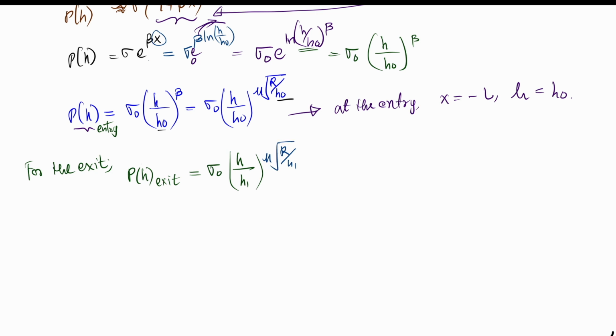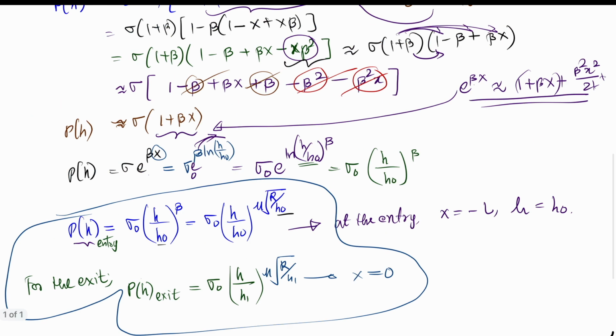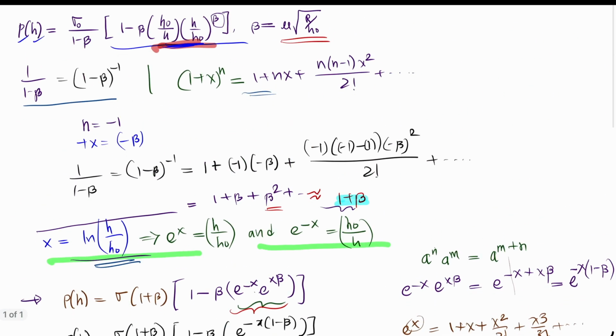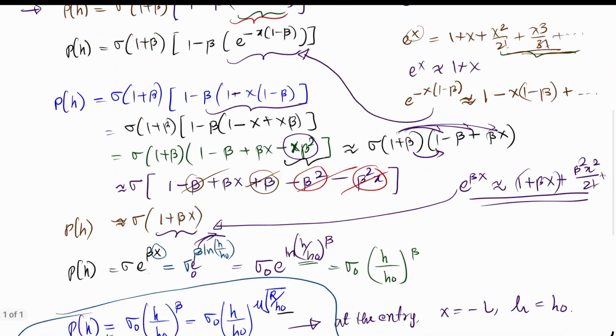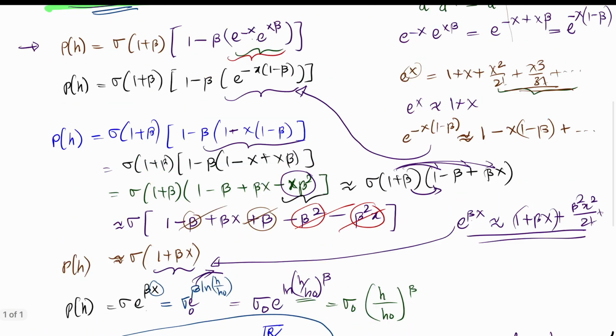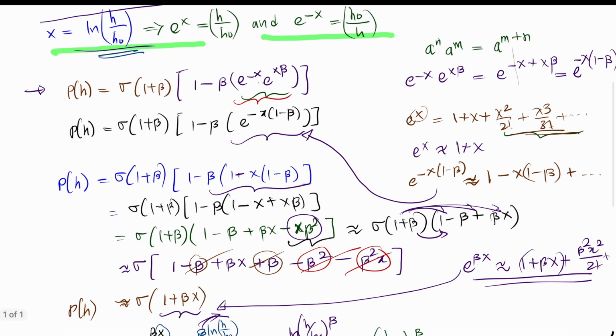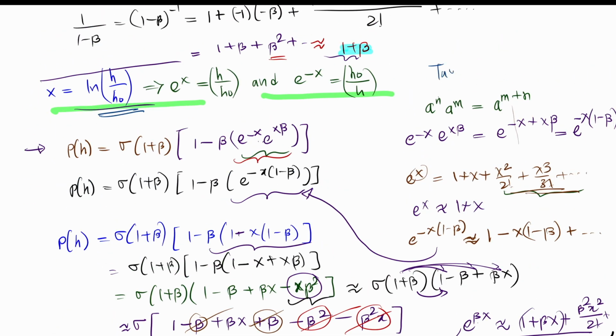Okay, so this is at the exit when x equals 0. So these two are the final version of the equations that we got. This is the exact solution, and these are the approximated solutions that we got by approximating certain values using the Taylor series expansion.